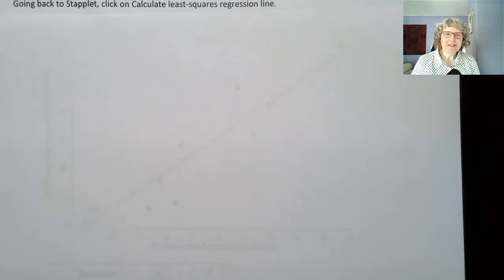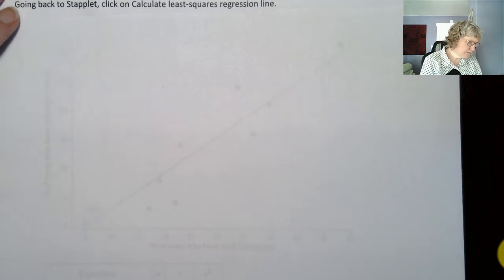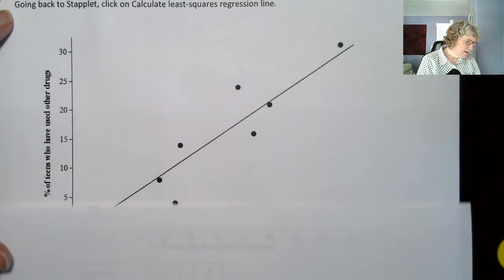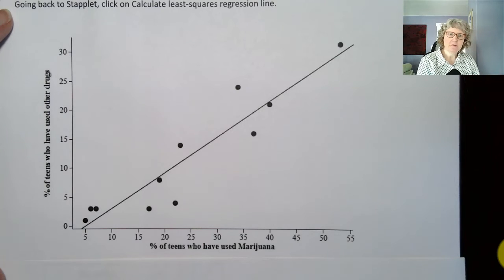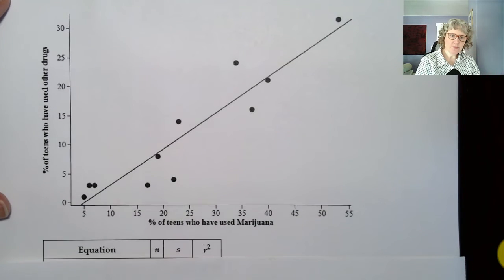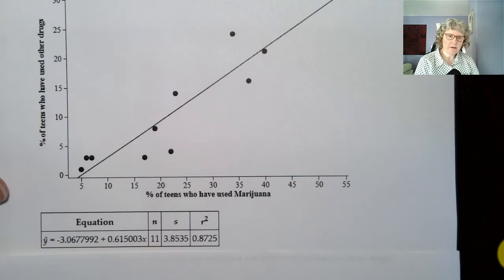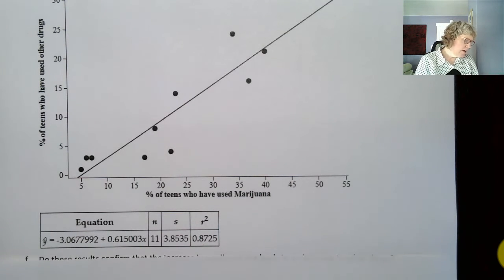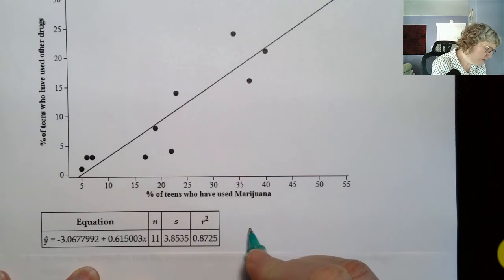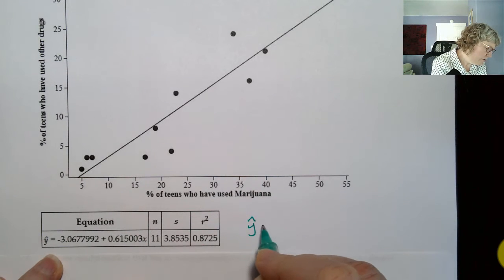Okay, so let's go back to the notes where I have the regression line right here for you. And I also printed this results box on the notes too. So we have our equation, and then if I was going to write this out on a quiz or an assignment, I would write it with fewer decimal places.